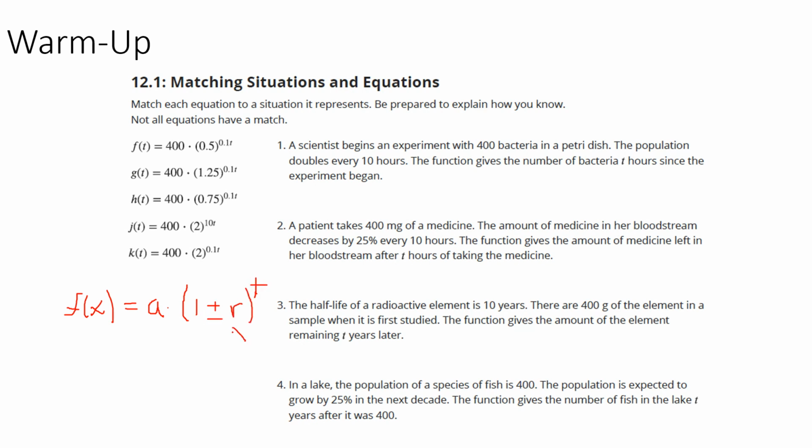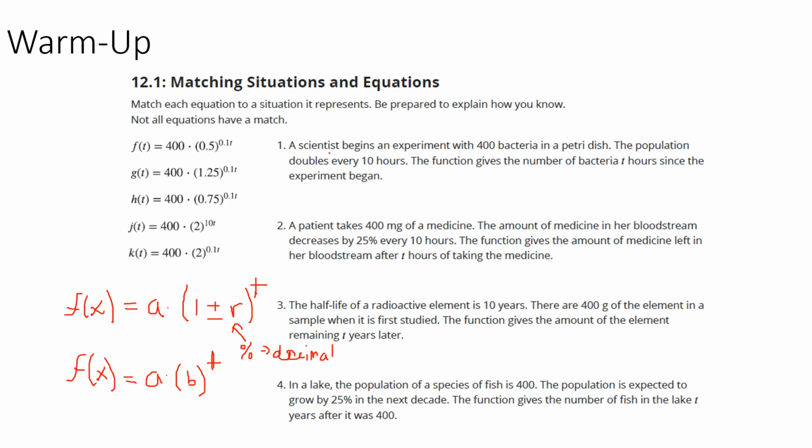And we remember that r stands for our percent increase or decrease in decimal form. But we also learned that sometimes we don't have a percent. When we have a rate, we say a times the rate to the t power. So I'm just going to put b for the rate.